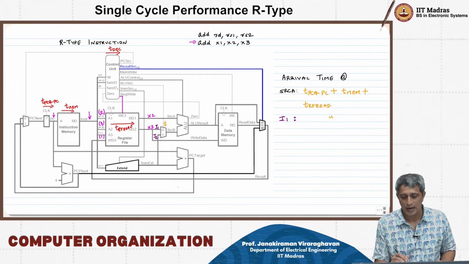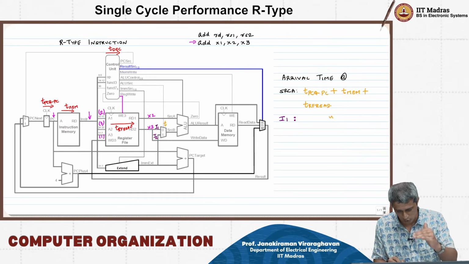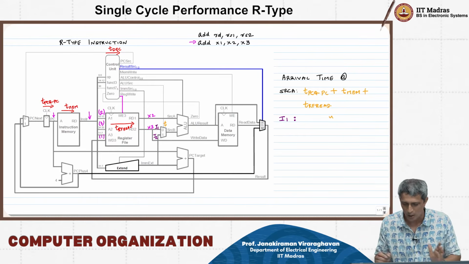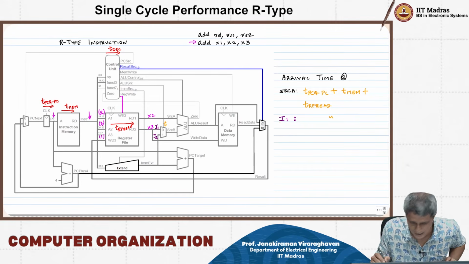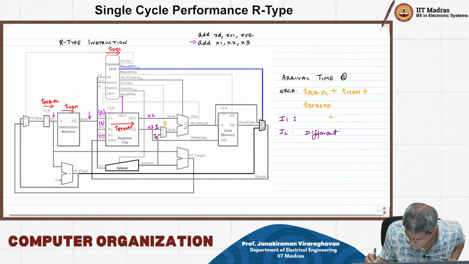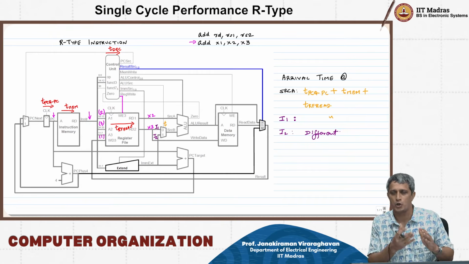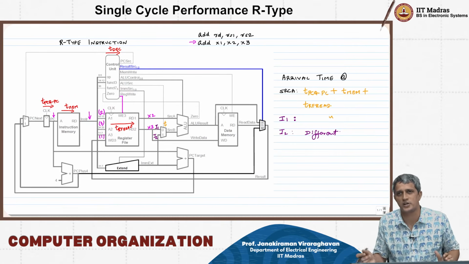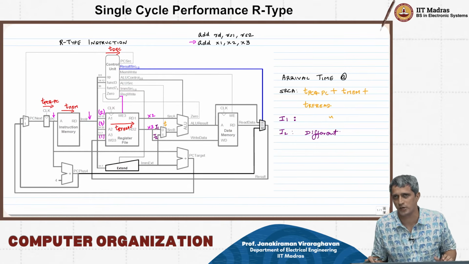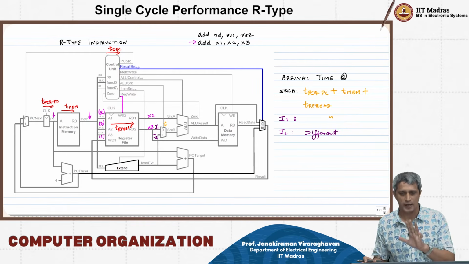I2 on the other hand is going through some decoder, and there is an extension block. So there is some other time at I2, the arrival time is different, because it has to go through the extender block for immediate data processing and all that, which we will do in the I-type instruction analysis, right?